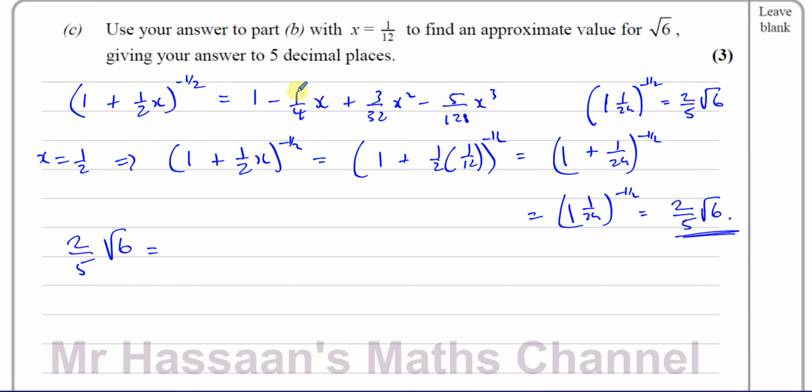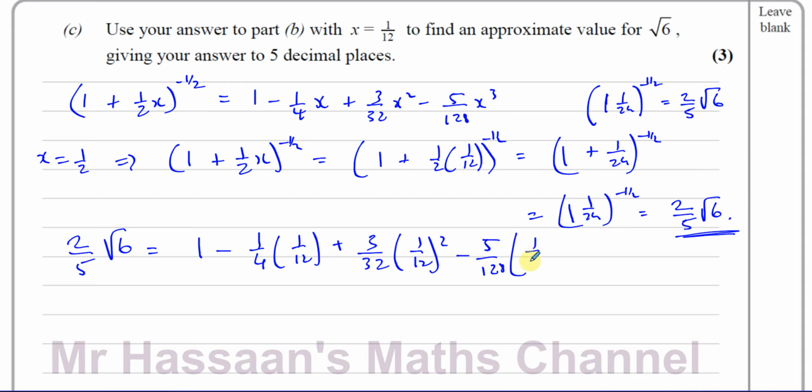And we know the expansion of this is going to be 1 minus... Now I can put x equals 1/12 in here, I'm going to put x equals 1/12 in here as well. So you have a quarter times 1 over 12 plus 3 over 32 times 1 over 12 squared minus 5 over 128 times 1 over 12 cubed.